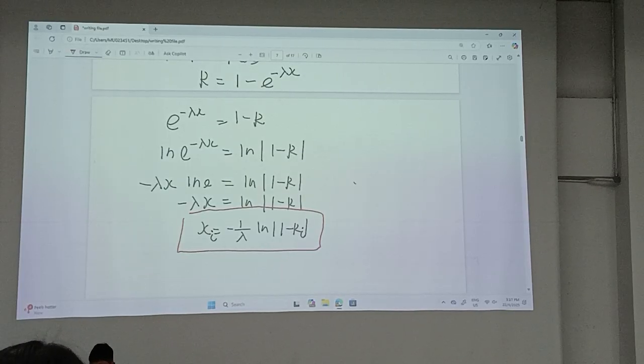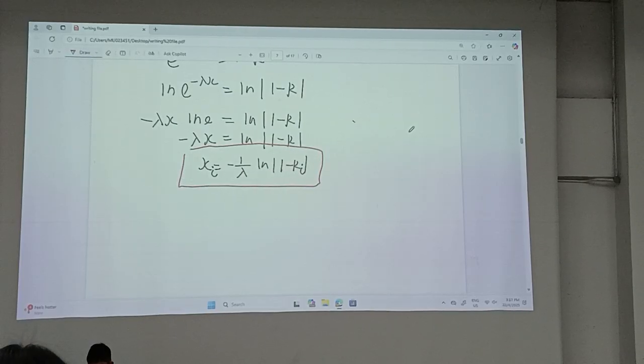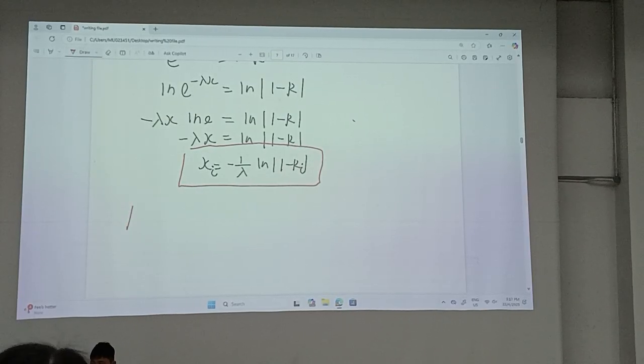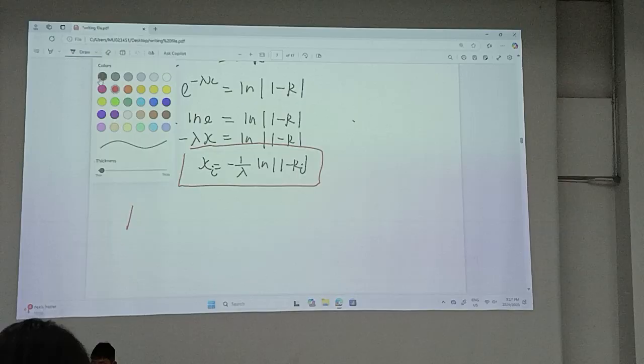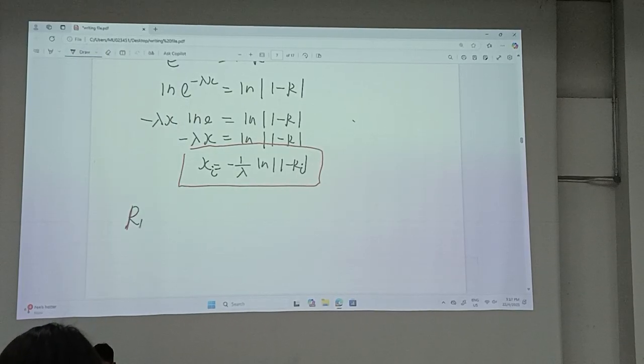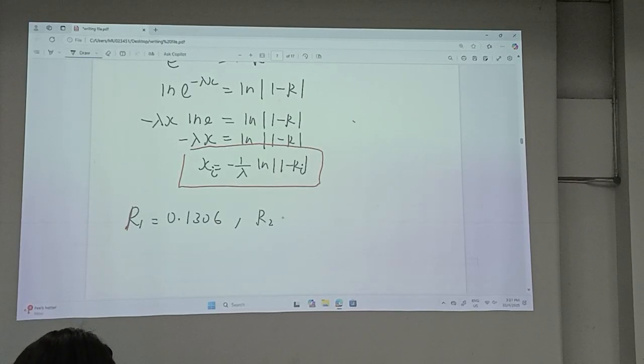Let's go into the example and see how to generate a series of random numbers. Given R1 equal to 0.1306, R2 equal to 0.0422, and lambda, the average, equal to 1.